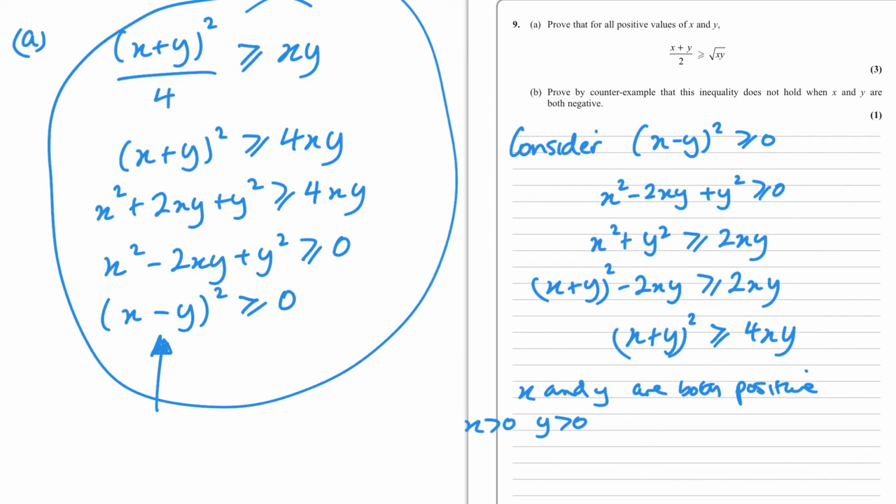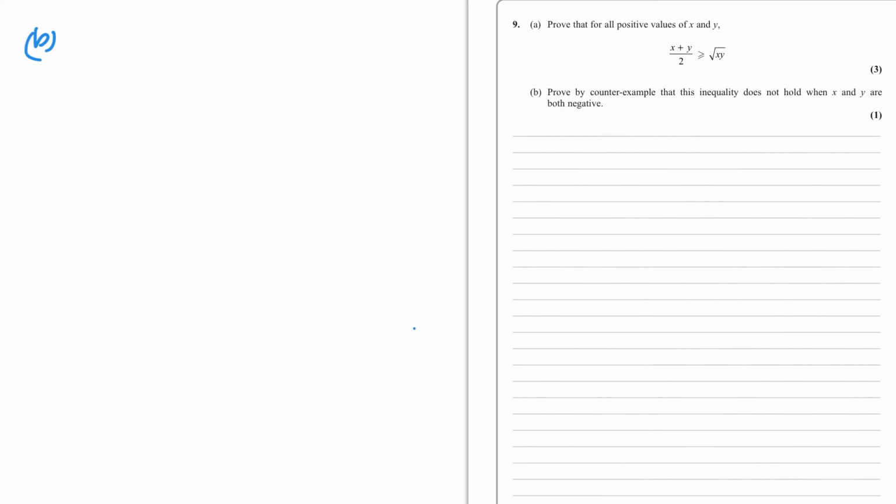So I can now do the square root. X plus y is greater than or equal to the square root of 4xy, which will be 2 root xy, and then I can divide by the 2 and I'm done. So part 2 is nice and easy.